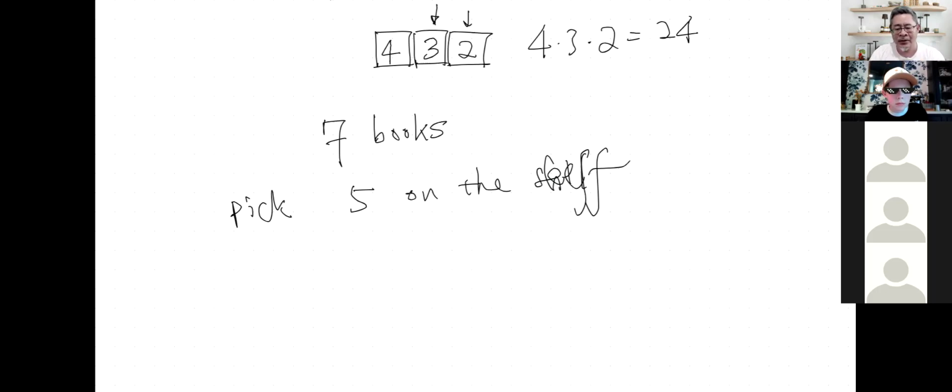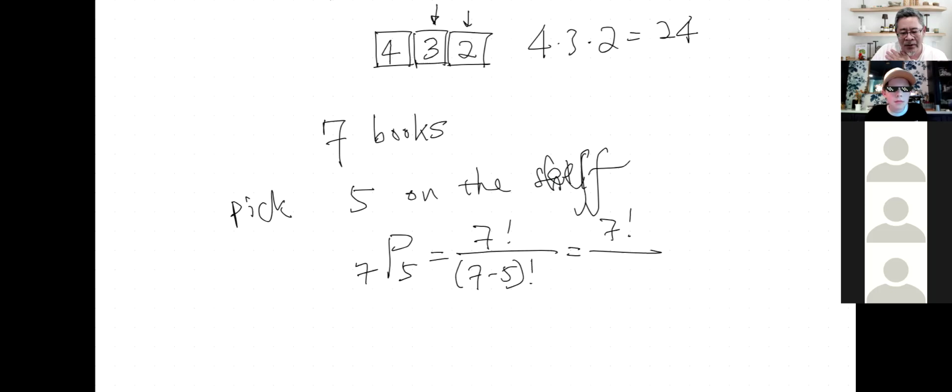Okay. So now if we use the formula, we see that this is 7, this is 5. We got 7 factorial over 7 minus 5 factorial. We got 7 factorial over 2 factorial, which is 7 times 6 times 5 times 4 times 3, then times 2 factorial. We got 2 factorial, that cancels.